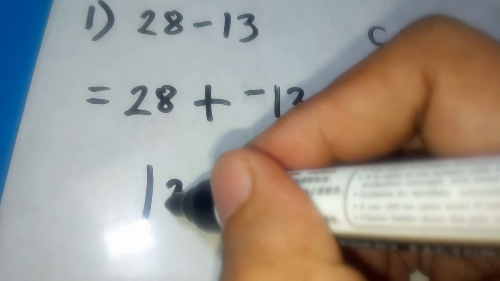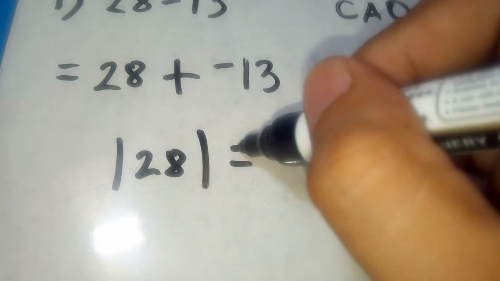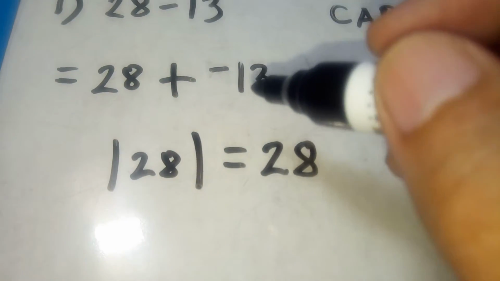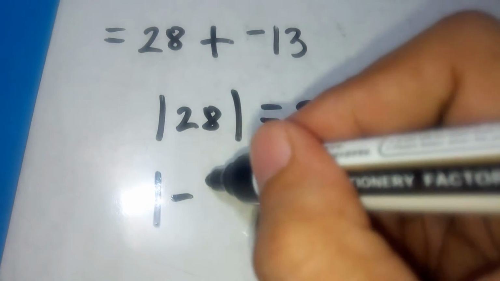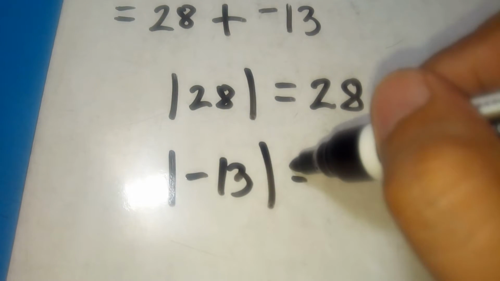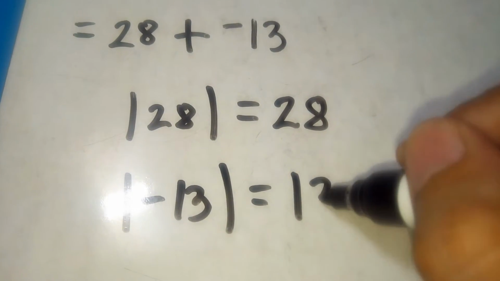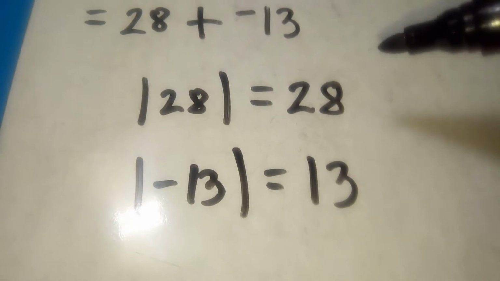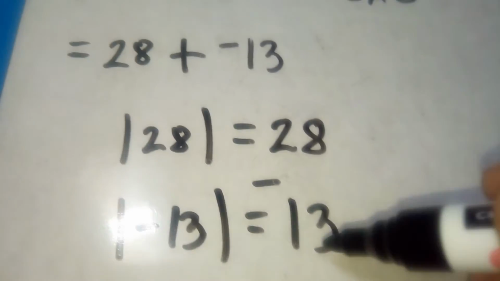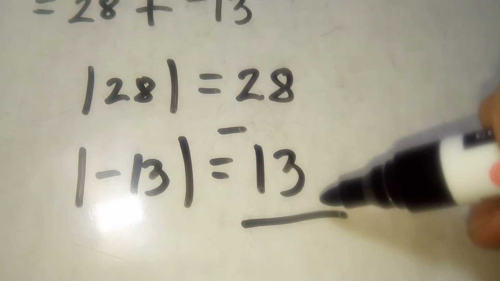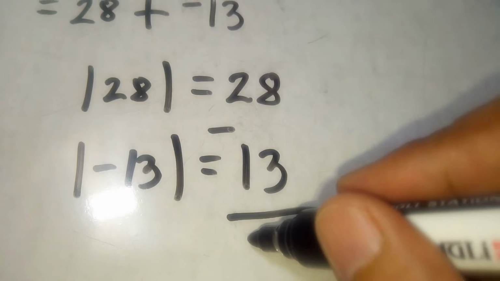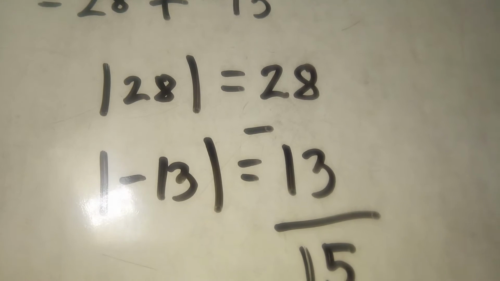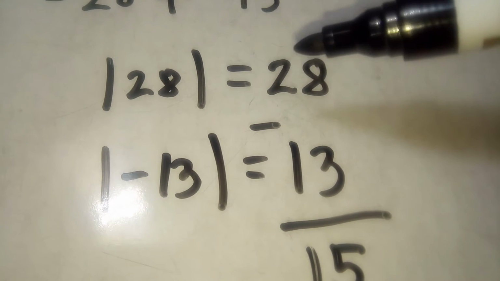The absolute value of 28 equals 28, and the absolute value of negative 13 equals 13. Then since they are unlike signs, you have to take the difference of the two. So that's 28 minus 13, that's 15.